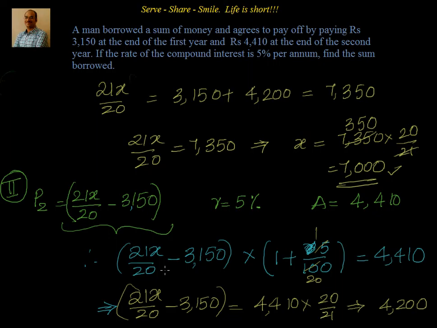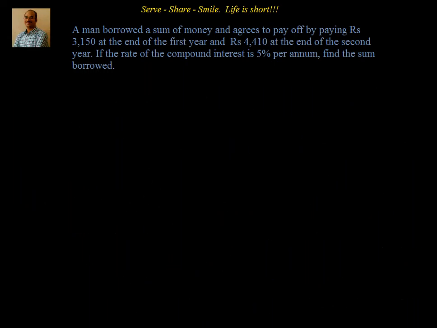So let's verify whether this is correct or not by substituting the value. We know now that the man has borrowed 7000 rupees, so x is 7000. That means the amount at the end of the first year is 7000 into 1 plus 5 by 100.